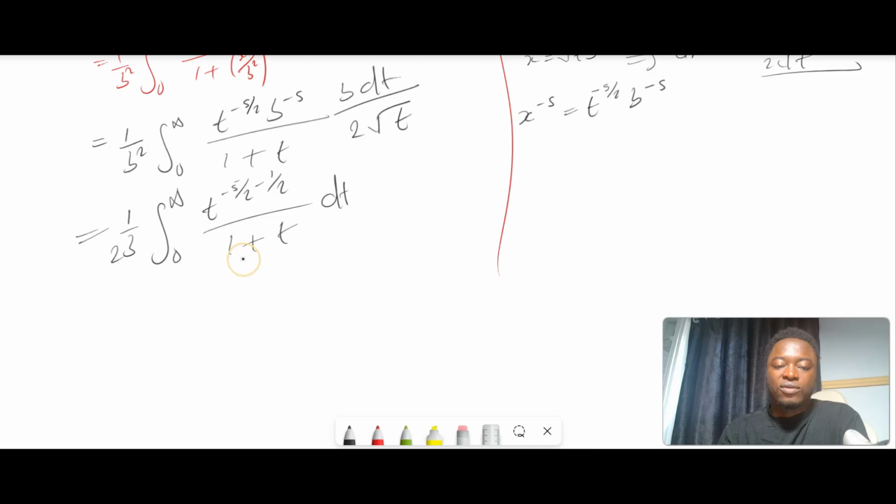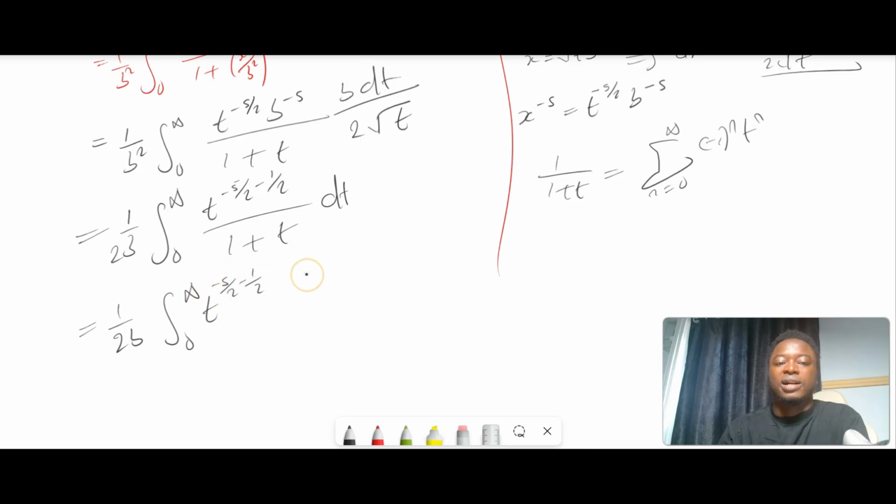So now we already agreed that 1 over 1 plus t has a series expansion as n runs from 0 to infinity of negative 1 to the n, t to the n. So we could write this as 1 over 2b times this integral from 0 to infinity of t to the negative s over 2 minus a half times the sum as n runs from 0 to infinity of negative 1 to the n, t to the n, then dt.